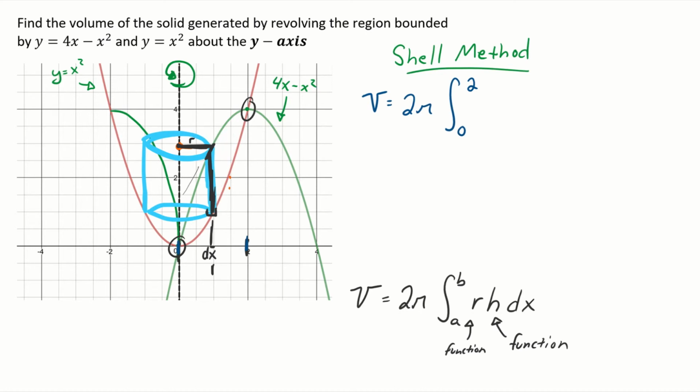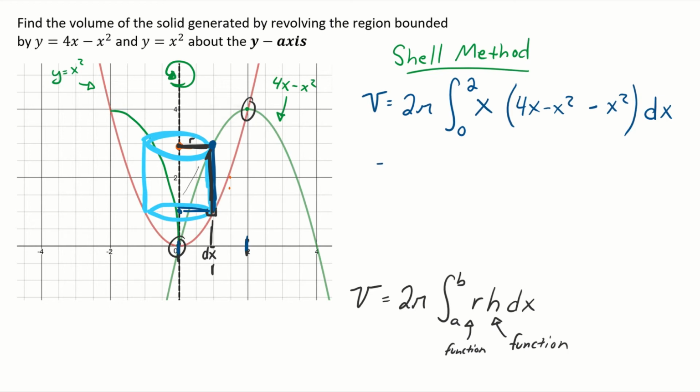Now I think about my radius. The radius of this is just whatever the x is, so as x changes. So that is my radius. The height of each shell, it bounces between the two parabolas, so you go top minus bottom. So it's 4x minus x squared minus the other function x squared. That's the height. And then the thickness of each of those shells, to give it an actual volume, is dx.